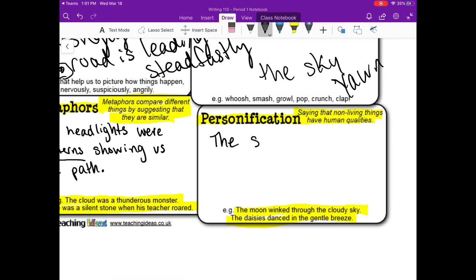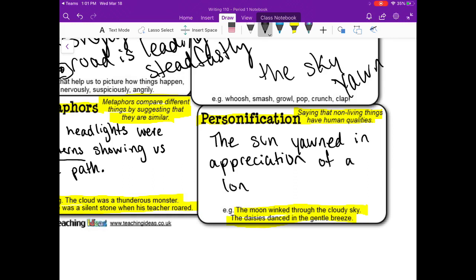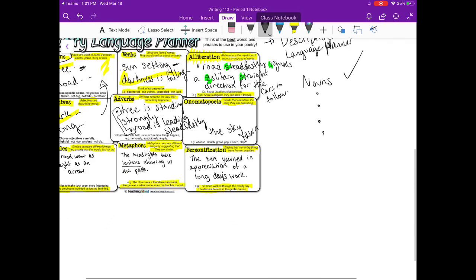The sun yawned in appreciation of a long day's work. Beautiful.